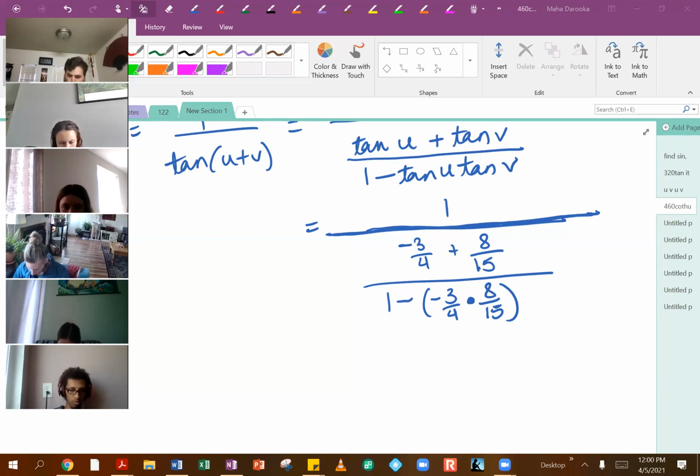Can you tell me what we get for the numerator when we add these two fractions together, negative 3/4 plus 8 over 15?